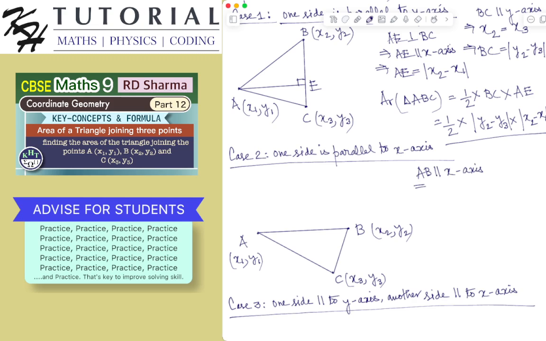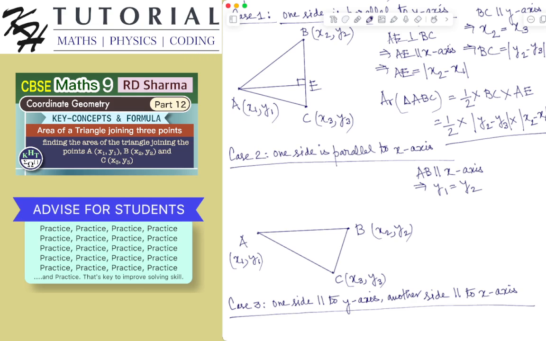This clearly implies that the ordinates of the points A and B will be the same. Two points lying on a line parallel to the x-axis have the same ordinate. So this implies y1 is equal to y2. How will you know that one side of the triangle is parallel to the x-axis or y-axis?